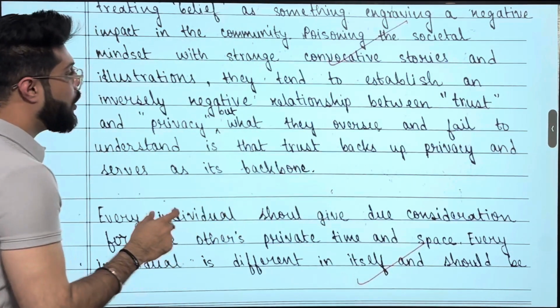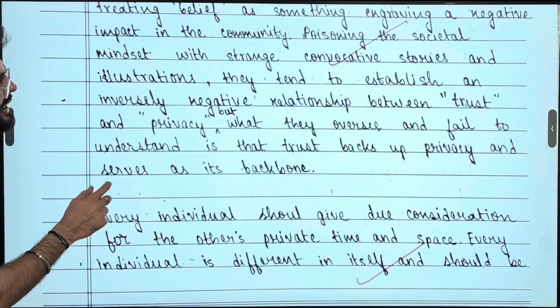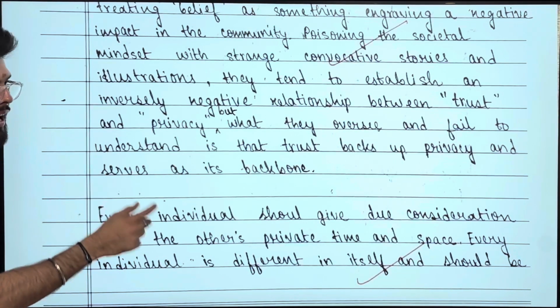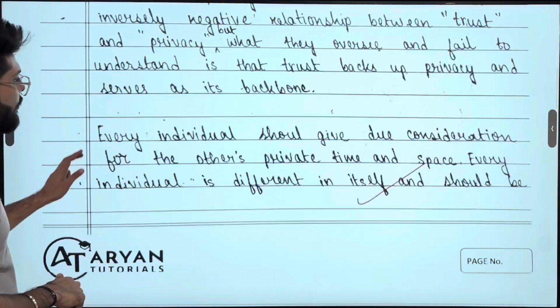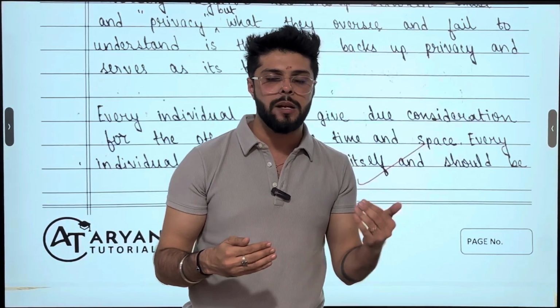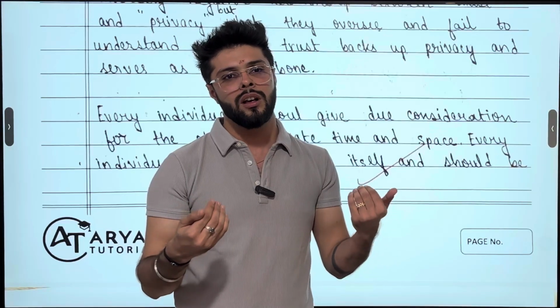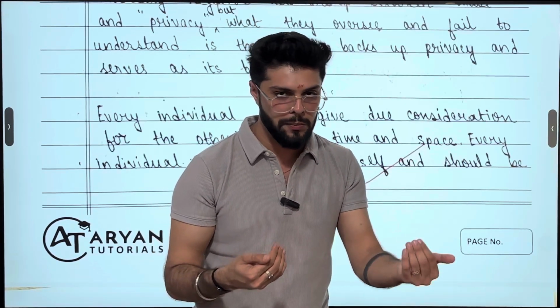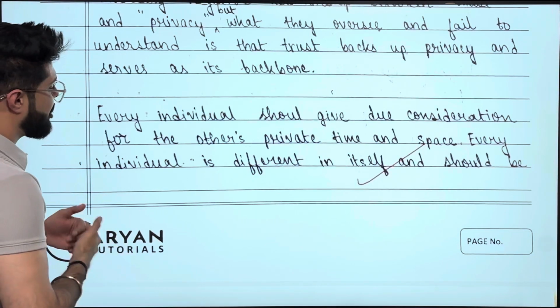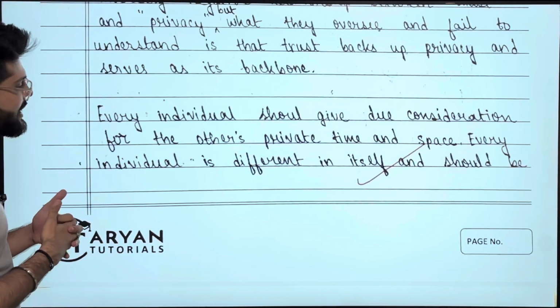But what they oversee and fail to understand is that trust backs up privacy and serves as its backbone. So, like trusting someone and along with that getting privacy, they are two sides of the same coin, he means to say. Okay?